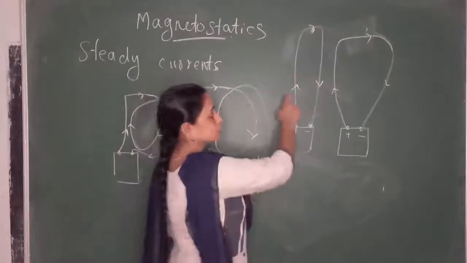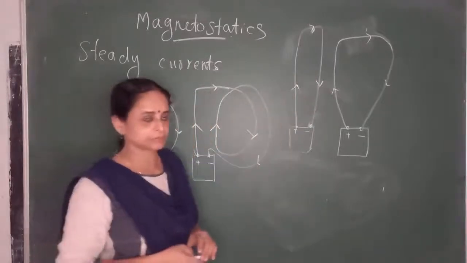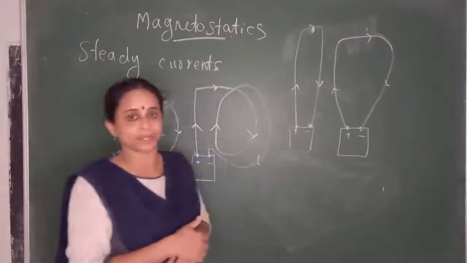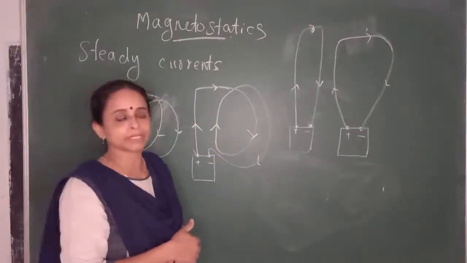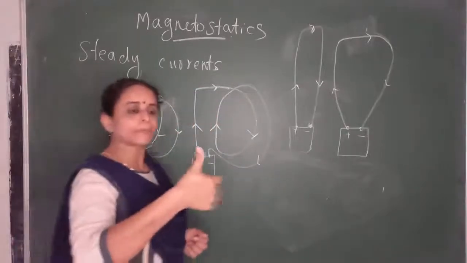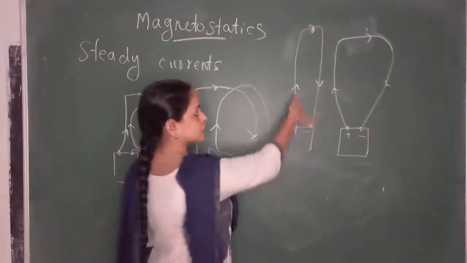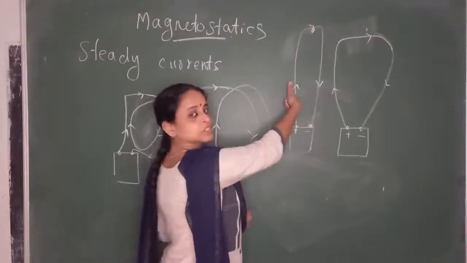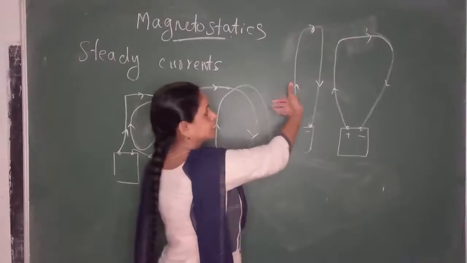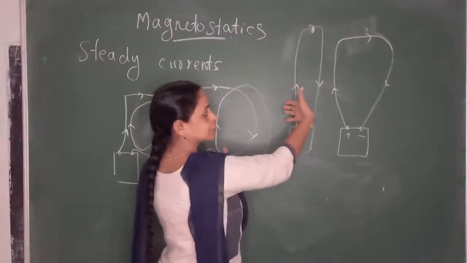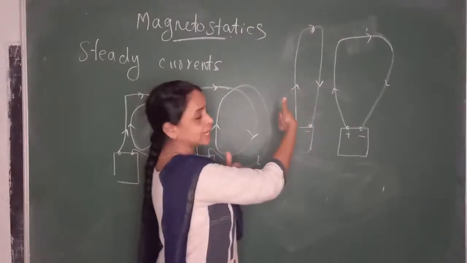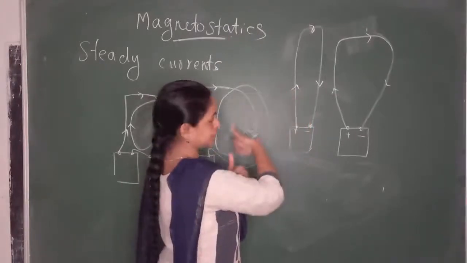So what is the direction of the magnetic field? The direction of the magnetic field in a current carrying wire will be given by the right hand thumb rule. That is, when we place our thumb in the direction of the current, or the direction of the velocity, or the direction of the positive charge, then if you curl our fingers, these fingers will indicate the direction of the magnetic field.